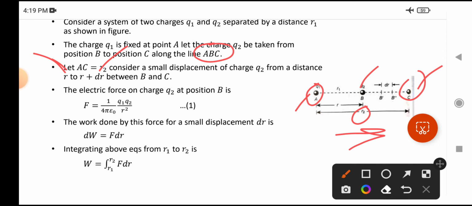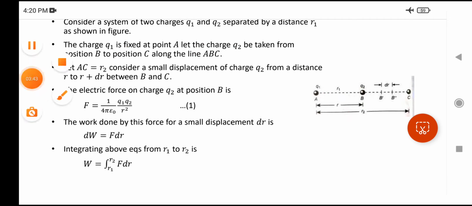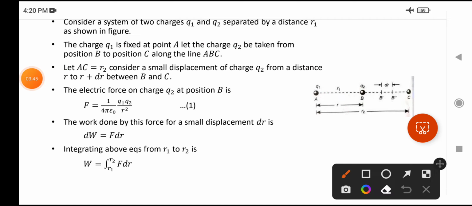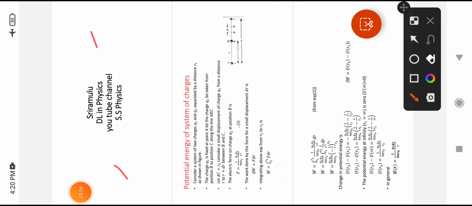Consider a small displacement of charge q2 from a distance r to r plus dr between B and C. Initially I said either r or r1, both are the same. When it is changed from here to here, let the small distance moved be r plus dr, between B and C.